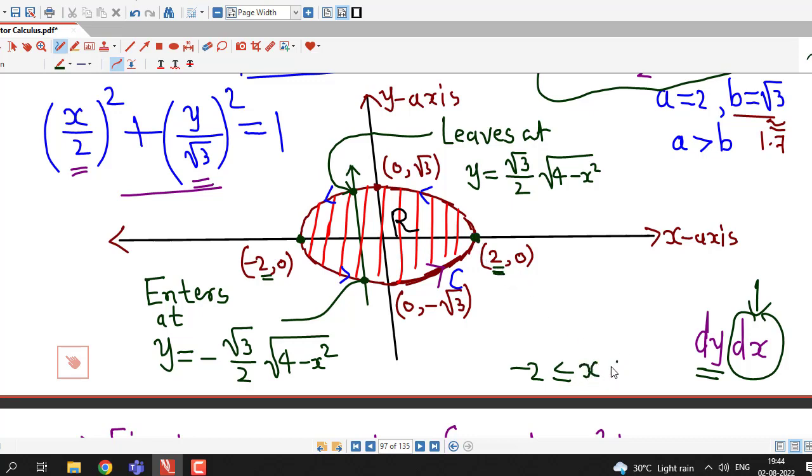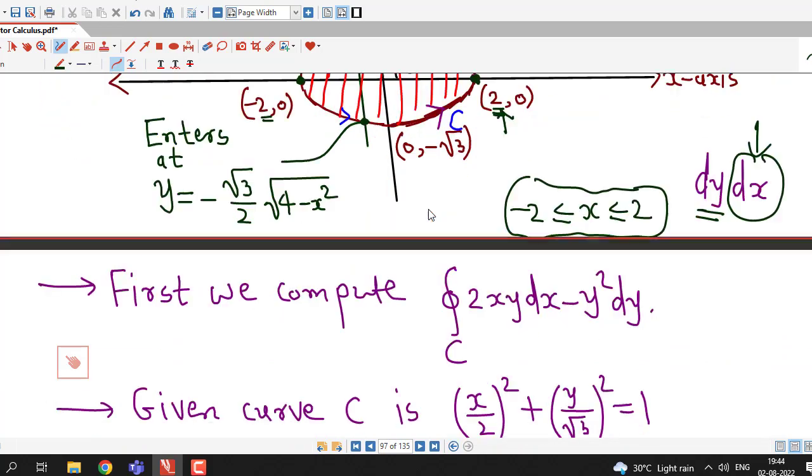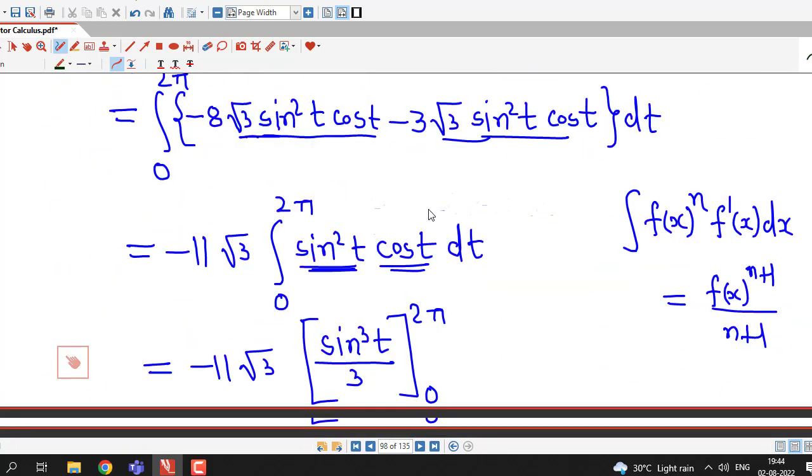So upper limit for x will be 2. Limits of variable x are minus 2 to 2, because for leftmost point value of x is minus 2 and at rightmost point value of x is 2. So we will consider these limits of integration for double integral.